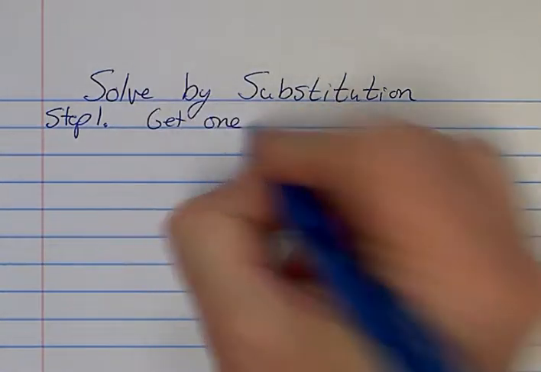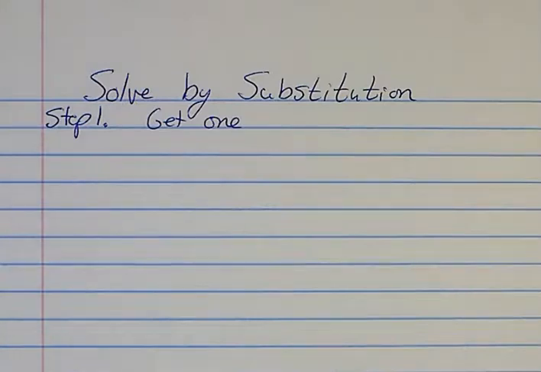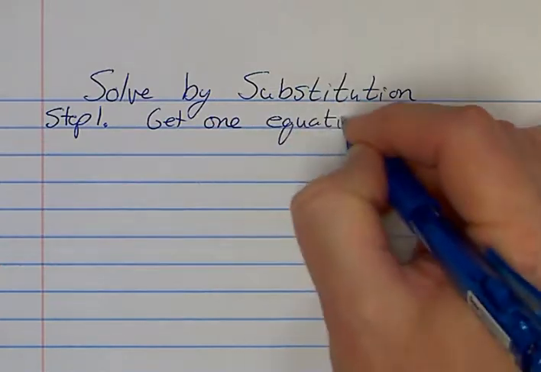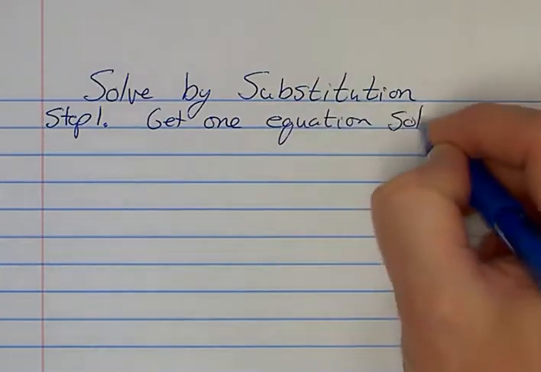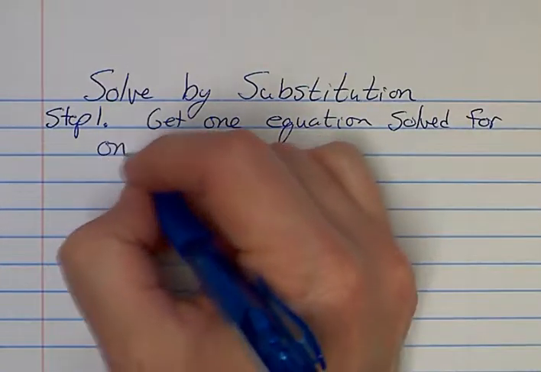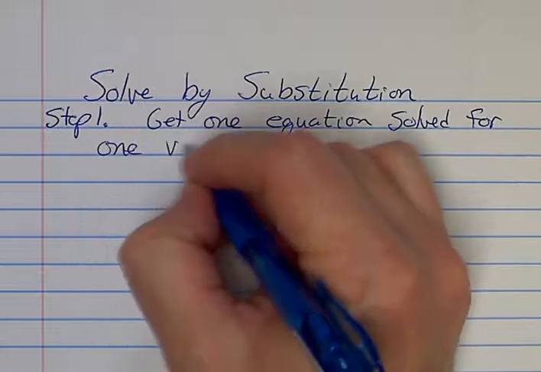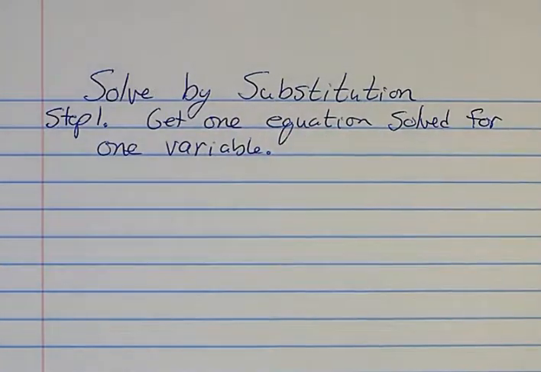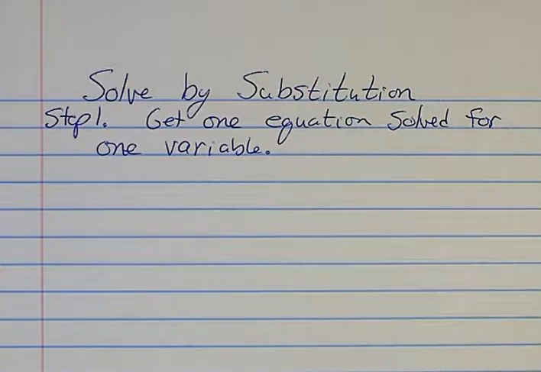There's not really a whole lot you can do differently. It's pretty much the same 3 things every single time. You're going to get one equation solved for one variable. So you're going to have an equation where you have x equals 3y minus 7, or y equals 2x plus 10, or something like that.